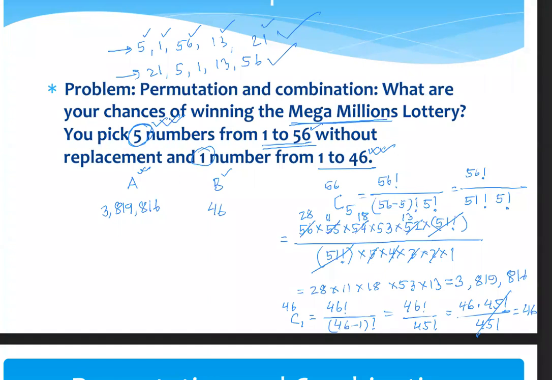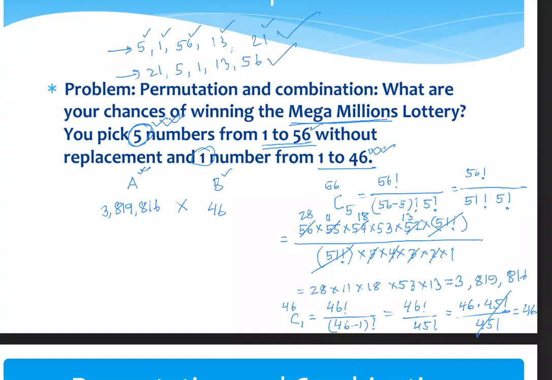So event A can happen in 3 million and change different ways, and event B can happen in 46 different ways. Together, they can happen in this times this.